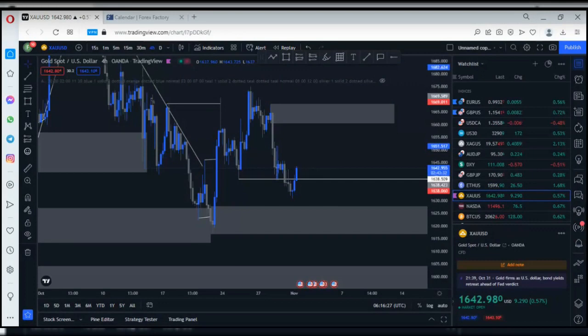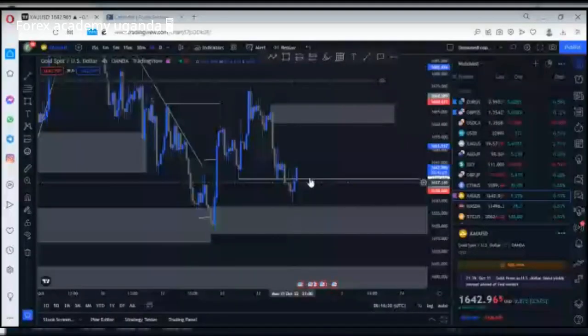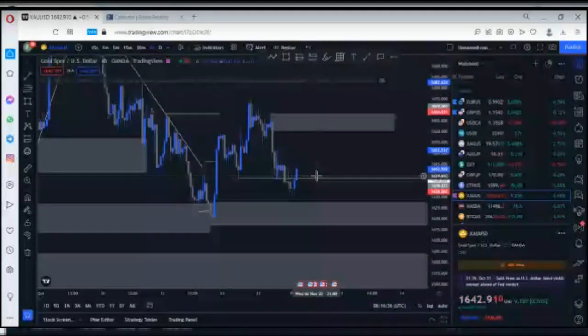But still we have this zone down. And I don't know, we might first come to the upside, like we might come up to liquidate these ones, these people who are selling.